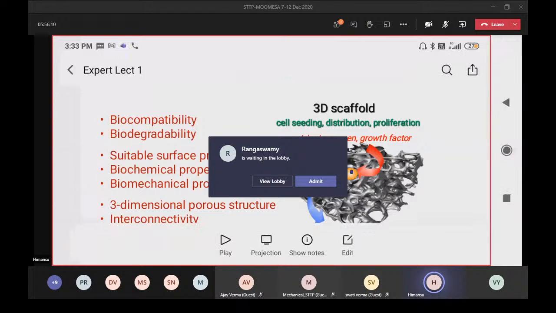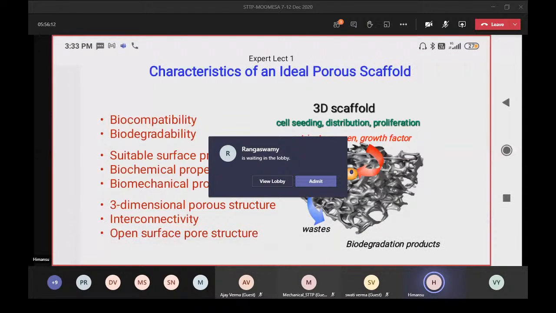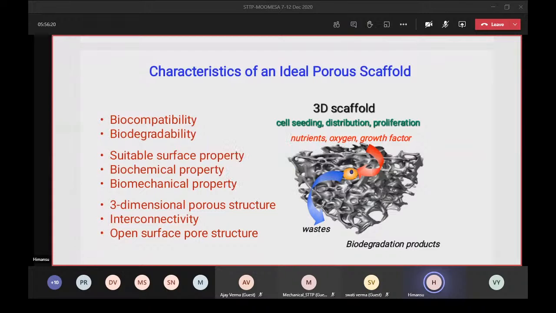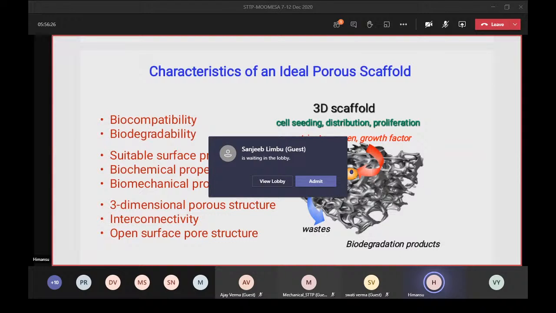So the scaffold should have different characteristics, like biocompatibility, and it should also have biodegradable properties. What does that mean? This kind of material should be degraded, and the body can directly metabolize it through its biochemical reactions. We need not remove them, because in the first slide I showed you an artificial prosthesis, a stainless steel based implant.